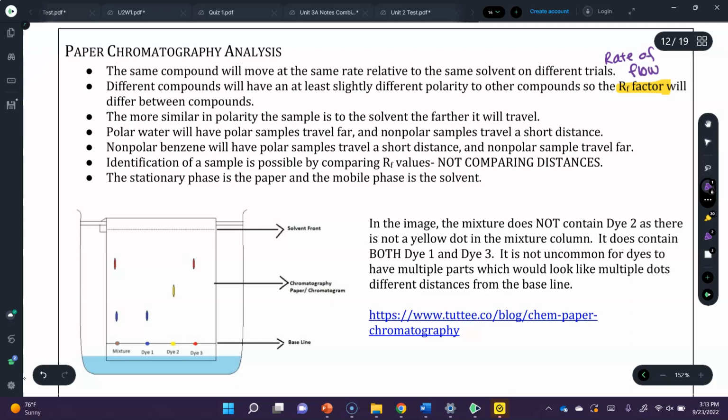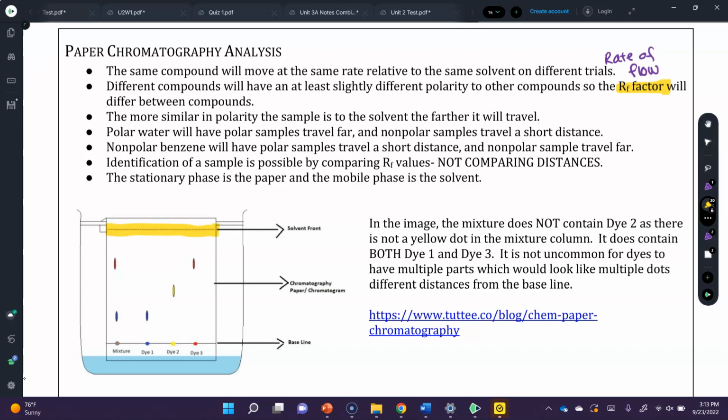So how fast it flows through the paper will differ between compounds. And that is a fraction based off of how far it traveled and how much the total distance was here. And since you're always comparing those two and it's a ratio, you can compare them across other trials as well, and it should be similar.